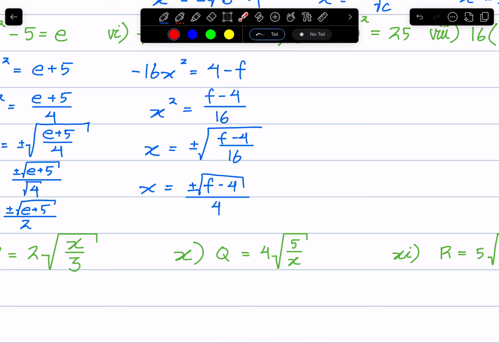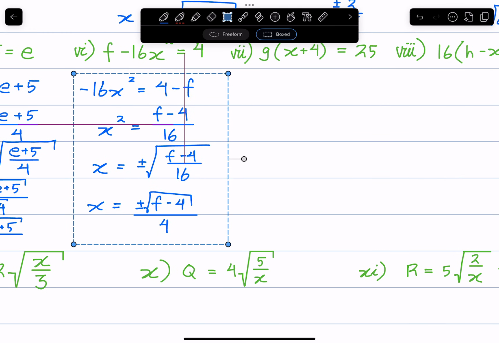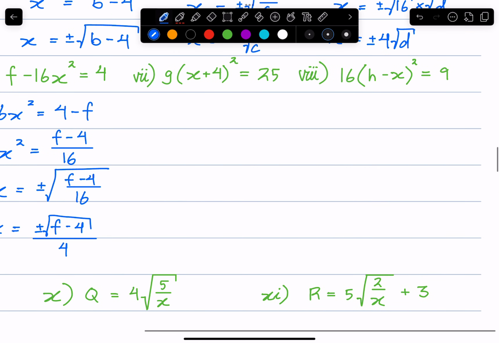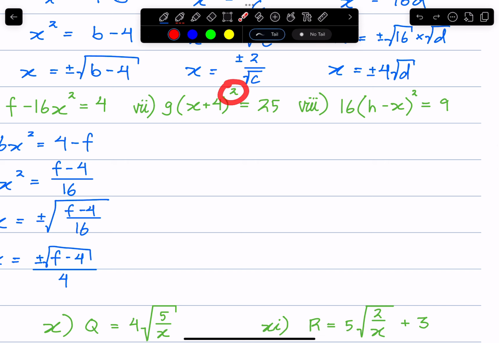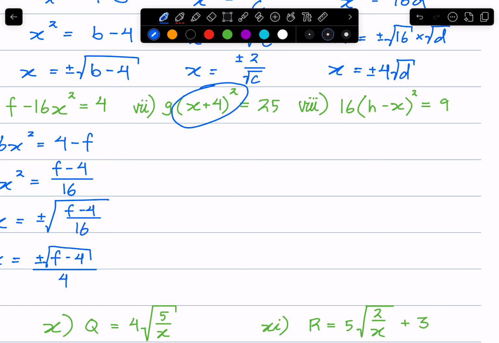Okay, so let's move on to the final 2 examples here. For this one, notice how we've got that 2, right? But in this one, we have the g first. So in this instance, we'd actually want to divide by g first, because expanding this makes it much more difficult if we were to actually expand this group squared.